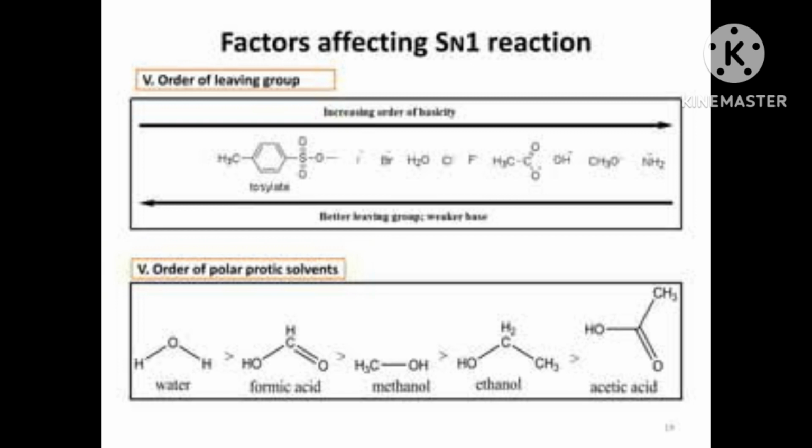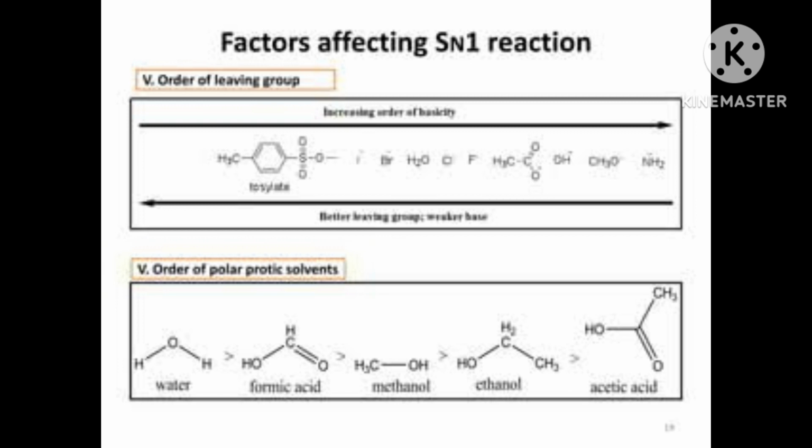In that, the important terms are: first, optical activity; second, chirality; third, retention; fourth, inversion; and fifth, racemization. All these terms are important.